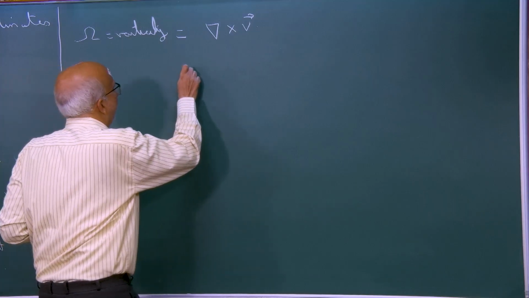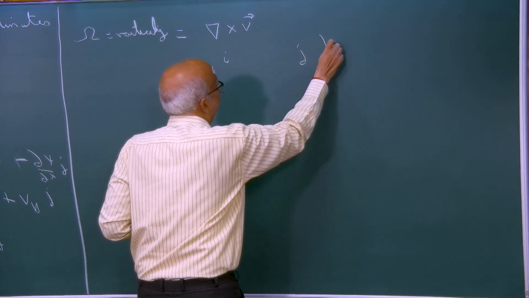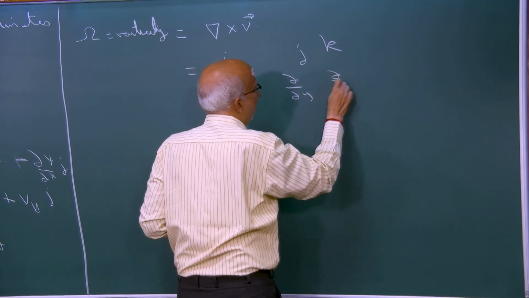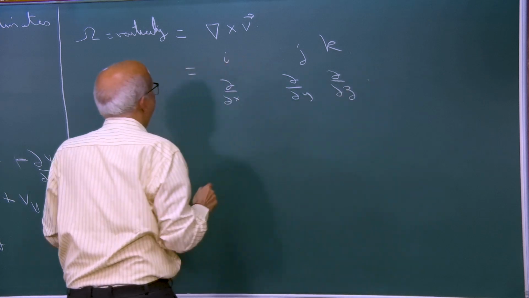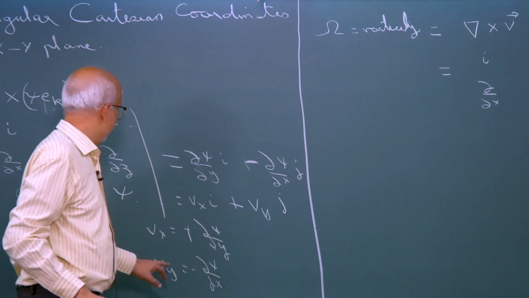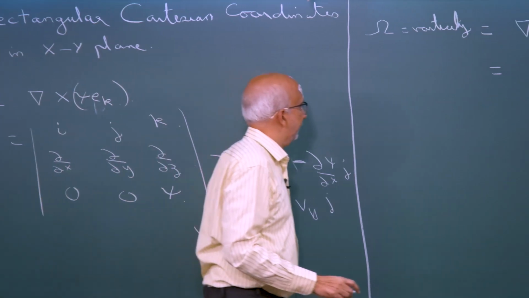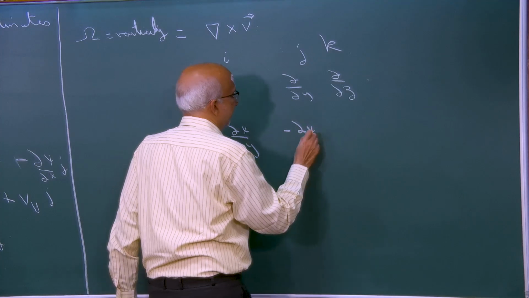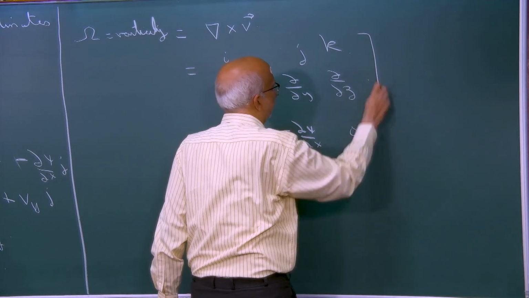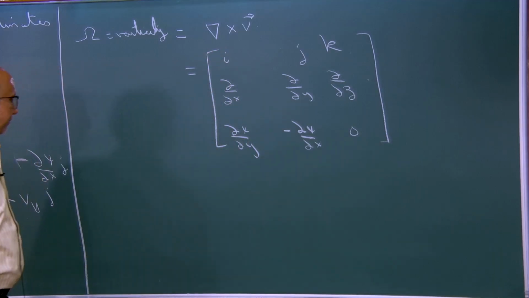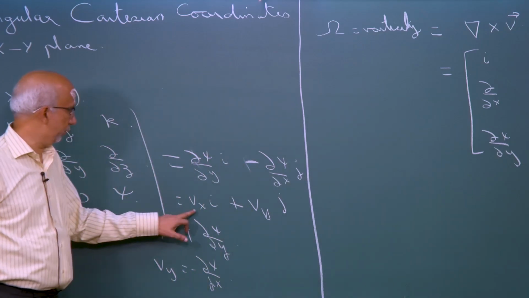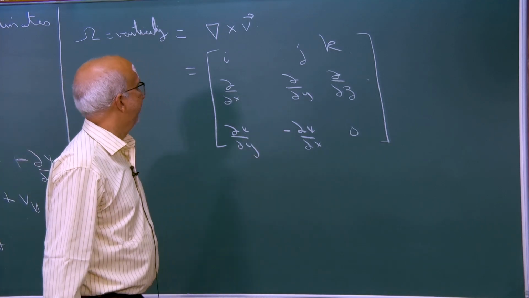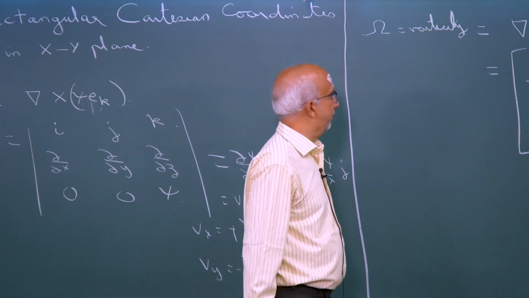And this is again going to be i j k, d by dx, d by dy, d by dz, and velocity is in terms of stream functions, Vx is d psi by dy and minus d psi by dx, 0. Is this clear? So, velocity we already calculated in terms of the stream functions, d psi by dy, and this is minus d psi by dx. So, what is the vorticity going to be now?